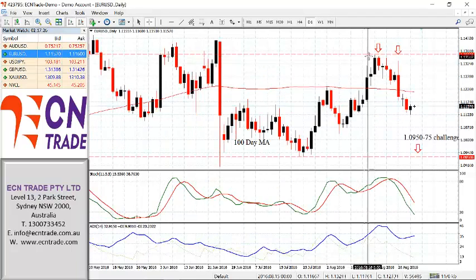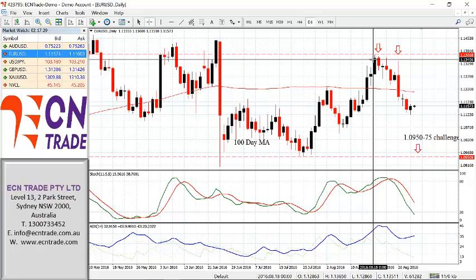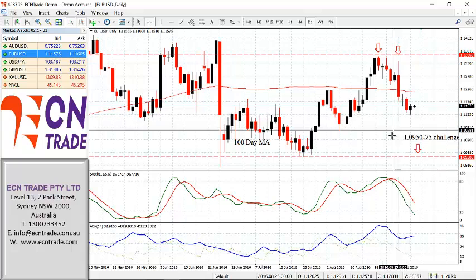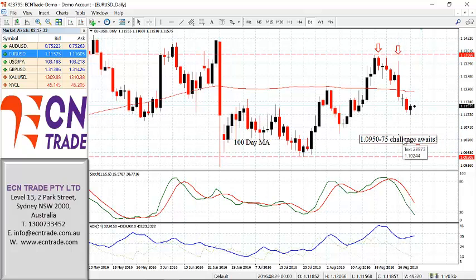The euro, since the rejection of 113.60-65, the bearish outside range day, another candle to the downside, reaffirms that the market is still very much waiting for the 109.50-70 challenge. Also note that we are through the 100-day moving average of the euro, which was around about 112.25.